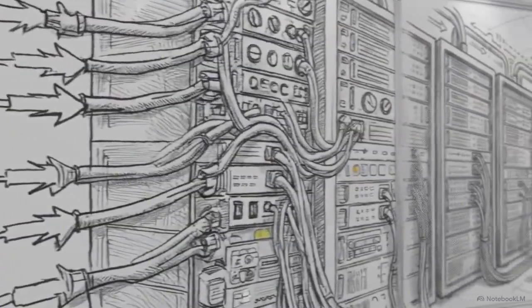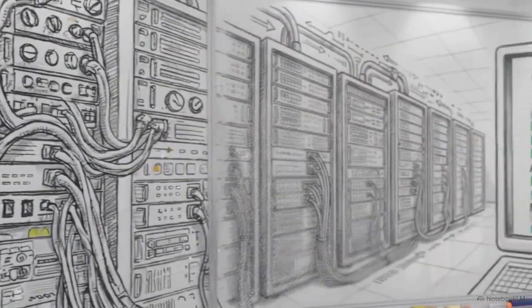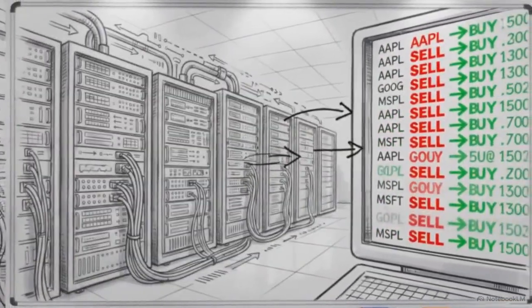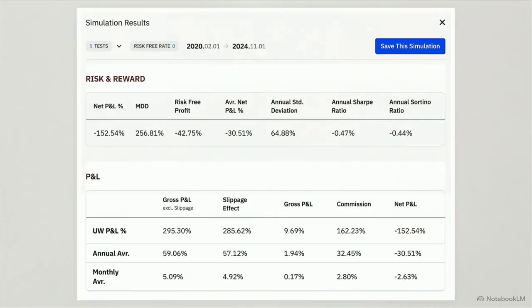Instead, it is the result of a sequence of structural, measurable frictions that occur every time an order interacts with a live exchange. This simulation results scorecard acts as an audit trail for that decay. We can read the bottom table from left to right to track exactly where a strategy loses its edge.